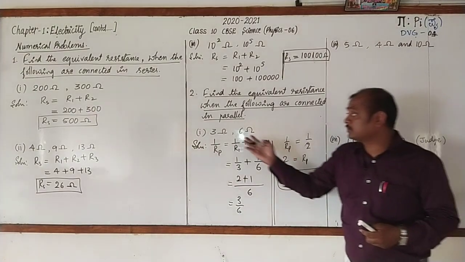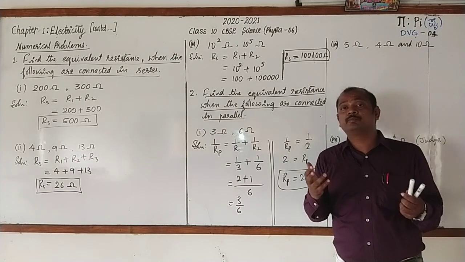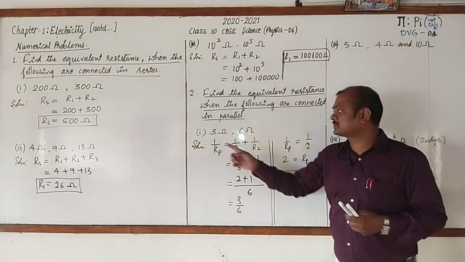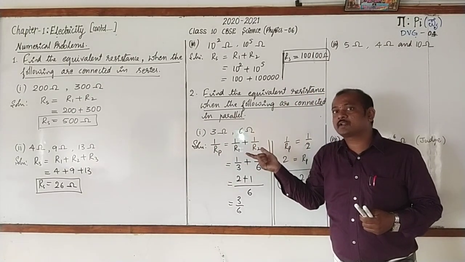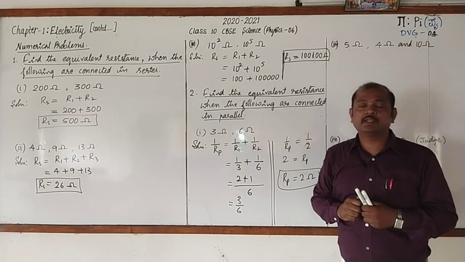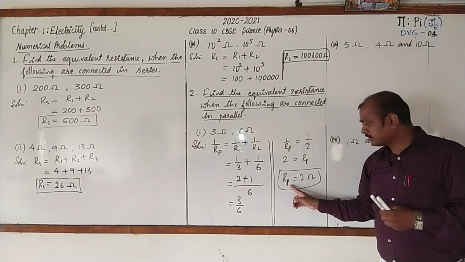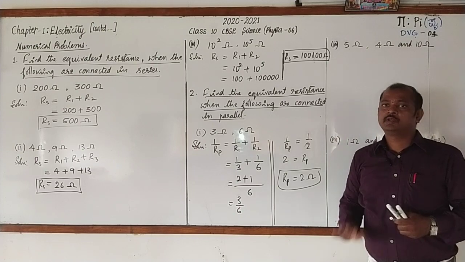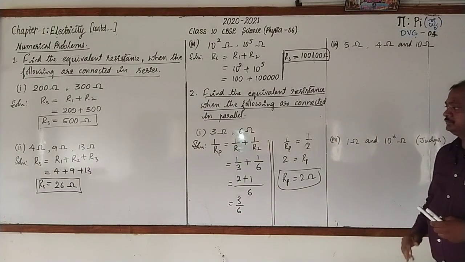Actually 3 ohm and 6 ohm: if they are connected in series, what would be the effective resistance? It will be 3 plus 6, 9. But here the resistors are connected in parallel. Why do we connect in parallel? To decrease the resistance. The effective resistance is just 2 ohm. Clear? Let's move on to another one.